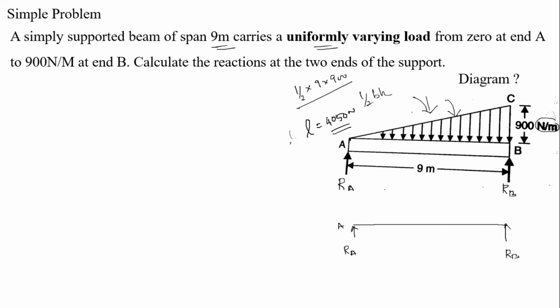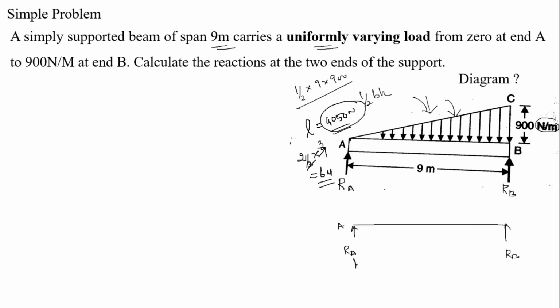Now this uniformly varying load is converted into point load, and now we are going to find out at which point this 4050 is acting. From A, right, 2 by 3 of L. So 2 by 3 of 9 is equal to 6 meter, right?